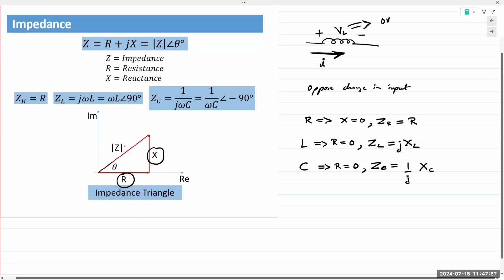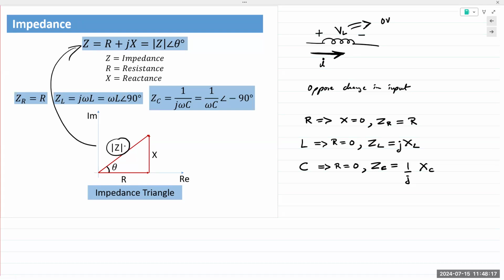When you join the two vectors together, you get the magnitude of the impedance along with the phase angle. So the impedance diagram denotes our quantity: R plus jX is equal to the magnitude of Z with a phase angle of theta.